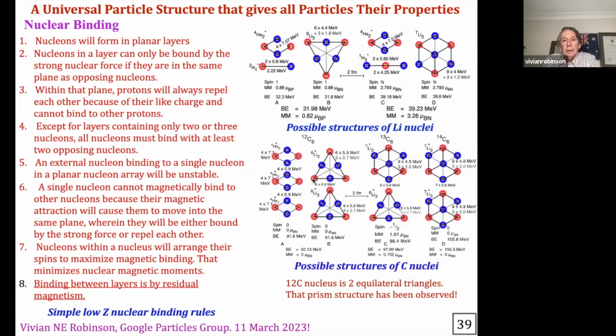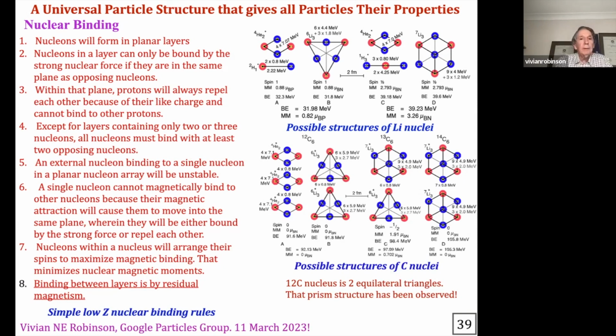So the only other possibility is two of these equilateral triangular states superimposed upon each other. A few years ago, experimentalists, who are pretty good, did these measurements and found that, indeed, the structure of a carbon nucleus was an equilateral prism structure. So this structure has been observed, and I guess we're on the right track to showing that this model does work.